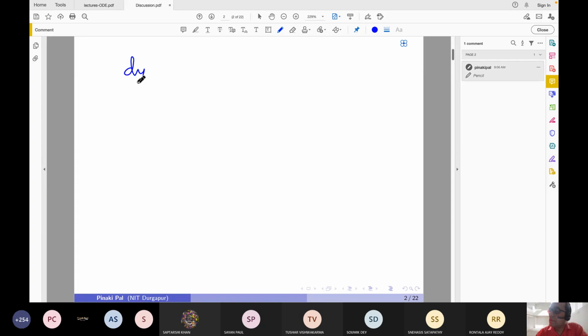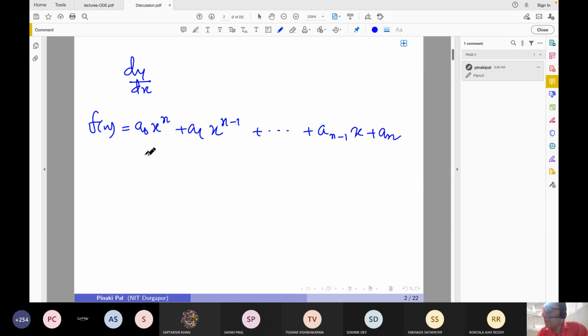Sir, can you repeat that? Yeah, so the definition of degree is inspired by the degree of a polynomial. If f(x) is a polynomial function of the form a0 x to the power n plus a1 x to the power n minus 1 plus dots up to a(n-1) x plus an, and a0 is not equal to 0, then what is the degree of f(x)?